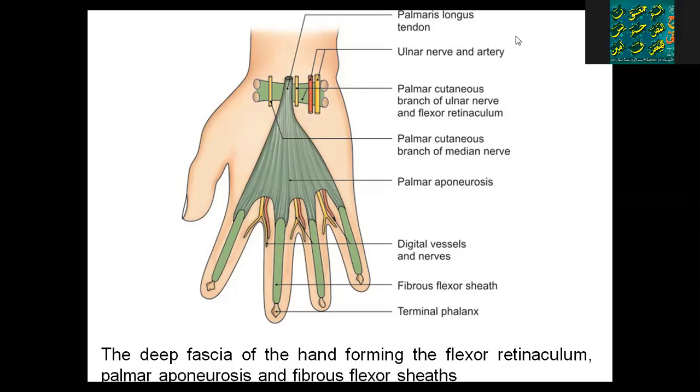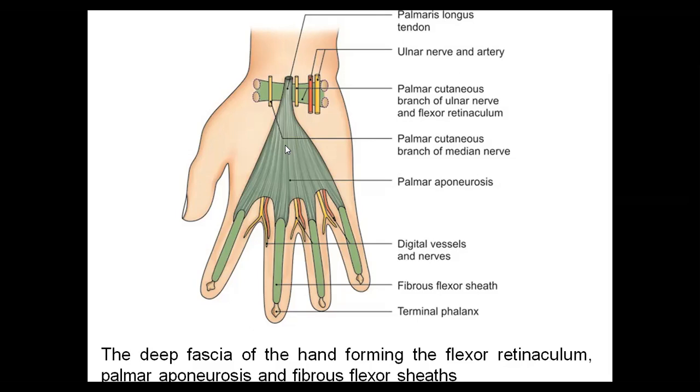Okay. So that opposition movement is actually possible because you are seeing the palmar aponeurosis is not sending any slip to the thumb. There is a similar structure in the sole of the foot also, which is correspondingly named the plantar aponeurosis in the sole.